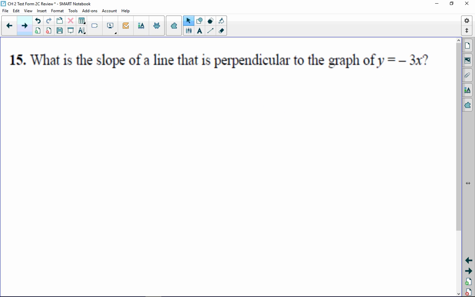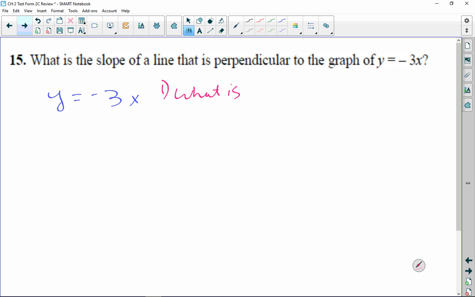Let's find the slope of the line that is perpendicular to the graph. Okay, so you've got y equals negative 3x. The first thing that you have to determine, write this down, is what is the slope of the line given?